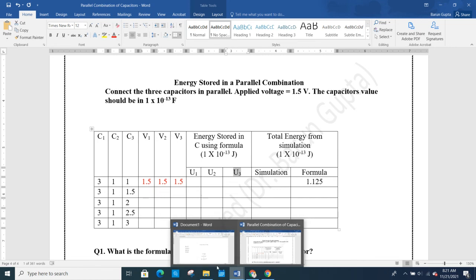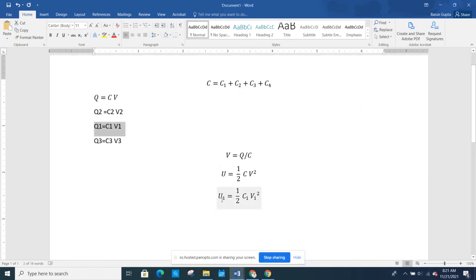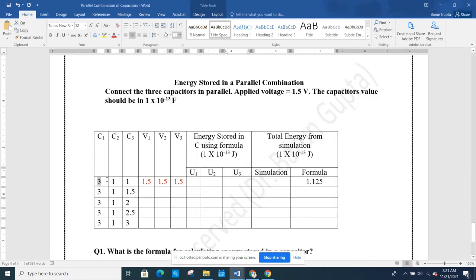The formula to calculate energy storage is U1 is equal to half C1 V1 squared. So you have to use this equation, C1 and V1 squared.